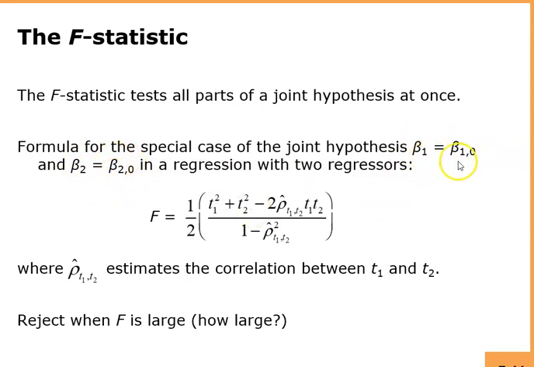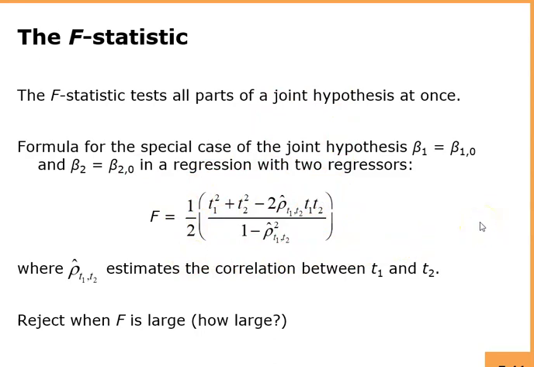Keep in mind that these beta 1 0 and beta 2 0 over here, which basically show your null hypothesis, can also take other values rather than 0, but more often than not we are basically testing that beta 1 is equal to 0 and beta 2 is equal to 0, and in that kind of a situation the F-stat that you will calculate for the joint hypothesis test will be through this formula over here.